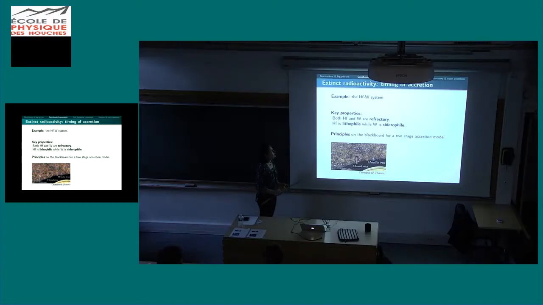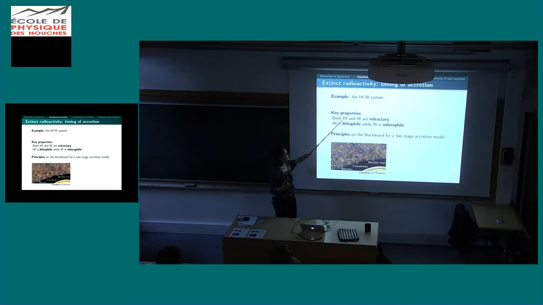So what are those constraints? The first one comes from extinct radioactivity, which will give you the timing of accretion. We saw the principles of radiochronology this morning, so I won't go through that again. But for instance, hafnium-tungsten is a good system to record core-mantle differentiation, mainly because it has three nice properties.